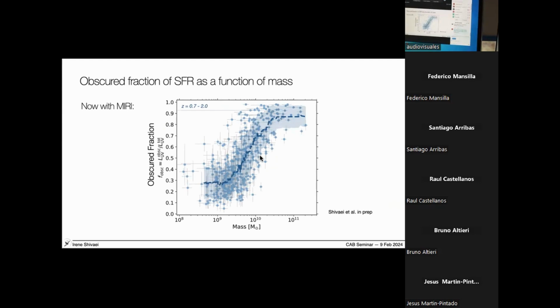There are lots here, and I haven't done it quantitatively, but the interesting thing is that if I try to fit this data with a similar function as was done before with the Spitzer, and taking into account the uncertainty of each individual galaxy, we get a very similar curve, which means that in this trend, the very obscured systems that also have lower uncertainty completely dominate.